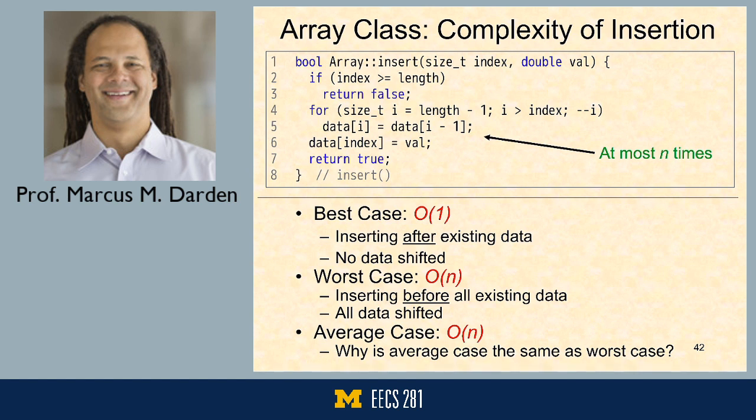But if I were to take 50 insertions at an average location and divide that total number by 50, I would end up with something that looks like n over 2. So my big O ends up being big O of n, because remember, n over 2 is just n times some constant. So the complexity of insertion is big O of n in the average case.